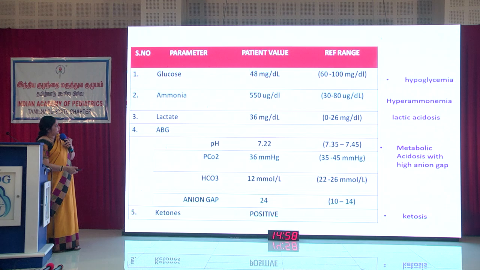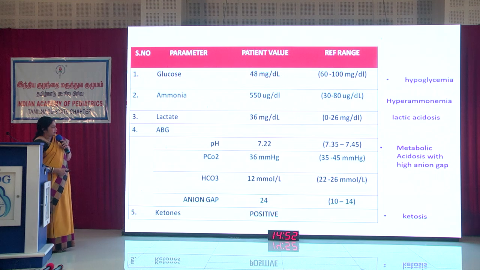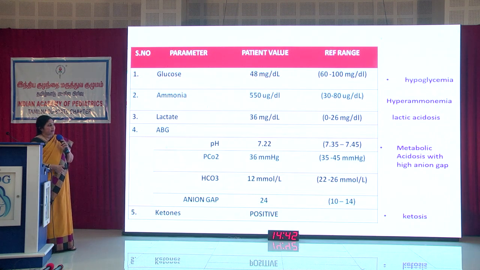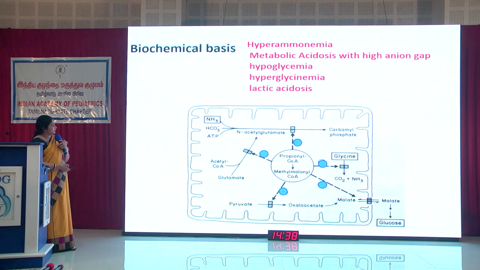Ammonia levels are high. Lactate, there's lactic acidosis. And ABG, there's metabolic acidosis with high anion gap. And there's ketosis. So what is the biochemical basis of this? Why is there hypoglycemia? And why is there hyperammonemia? What is the reason for that? We'll see it here.